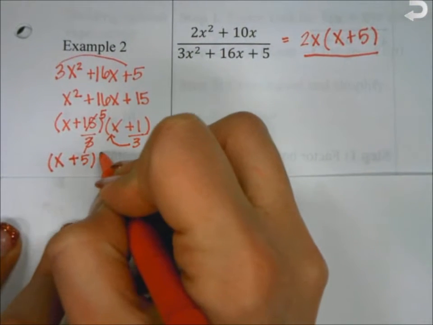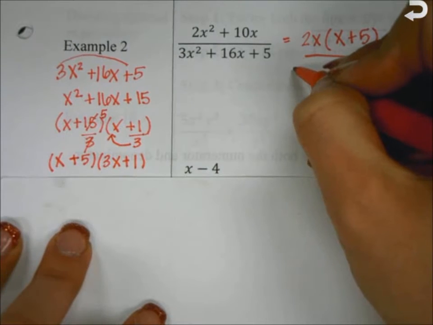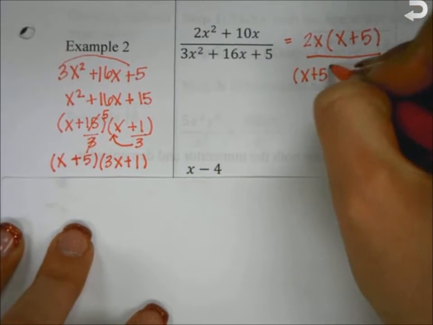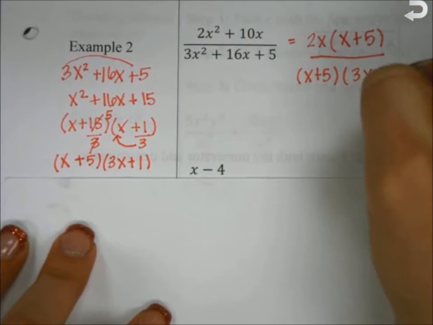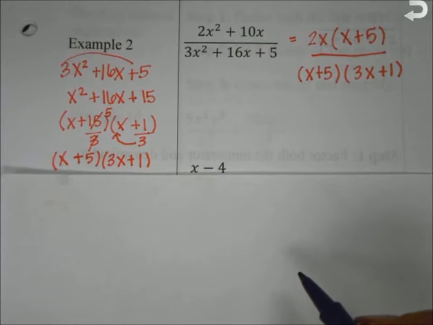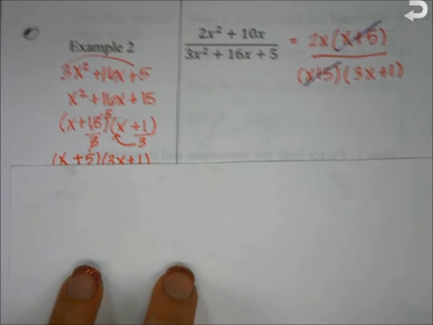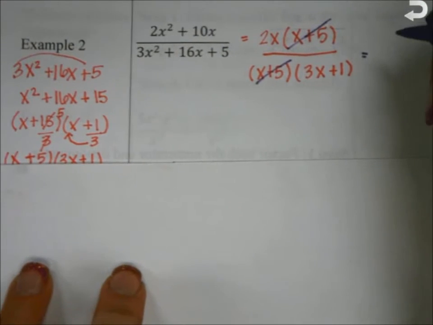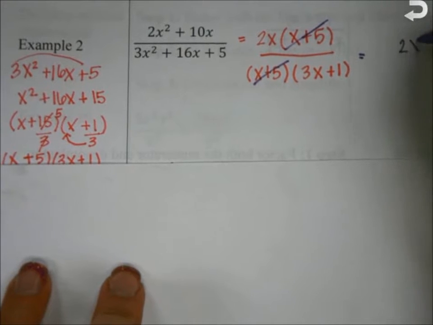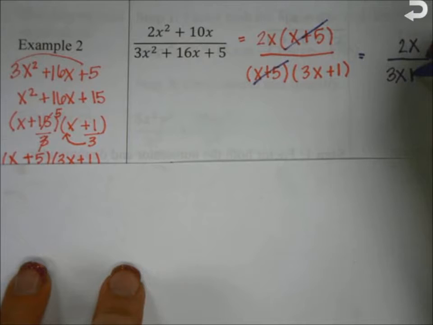So the denominator is x plus 5 times 3x plus 1. Okay, now what? The x plus 5's cancel. So I'm left with, in the numerator, 2x over 3x plus 1. And that's my answer. I can't reduce anymore.